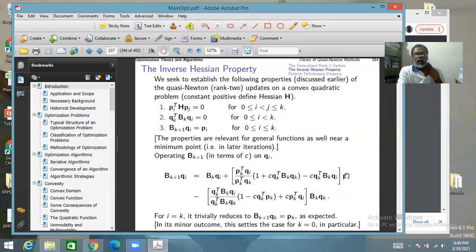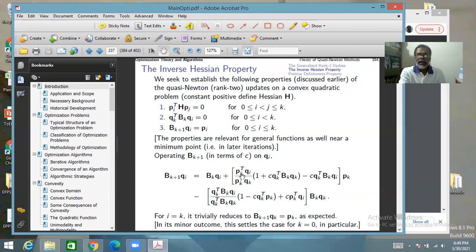So the first one is B, and pk transpose multiplies with qi to give a scalar, and the first pk sits here. Like that has been done with all the other terms also.